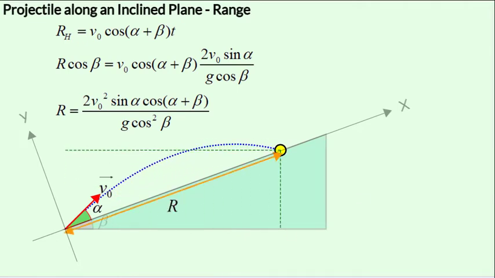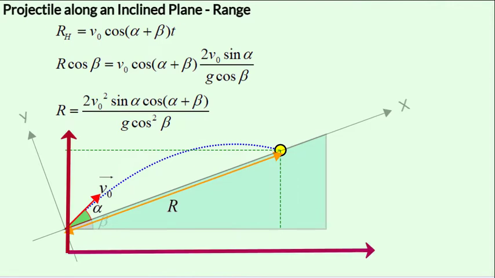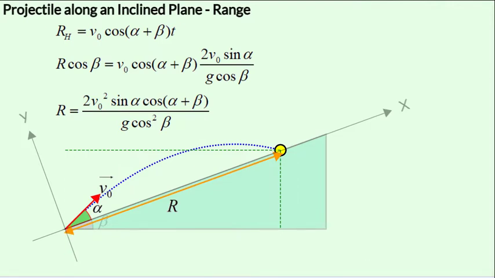Now we switch back to the coordinate system which is horizontal and vertical. Whatever the coordinate system, the time of flight from launch to landing will not change. This is the range of the projectile r, which is along the incline, which we want to compute.